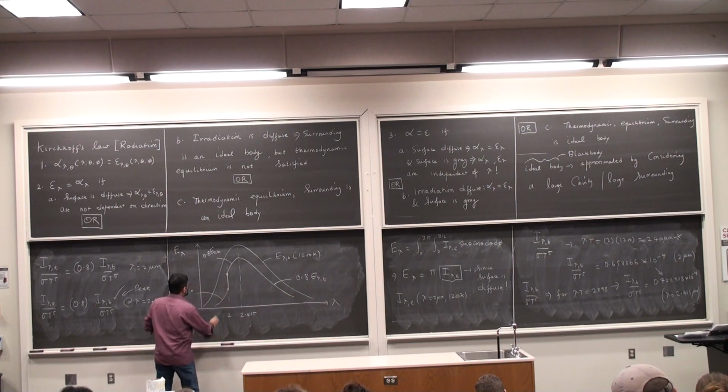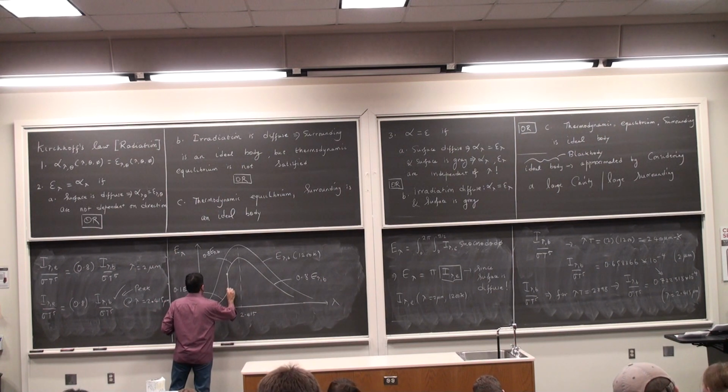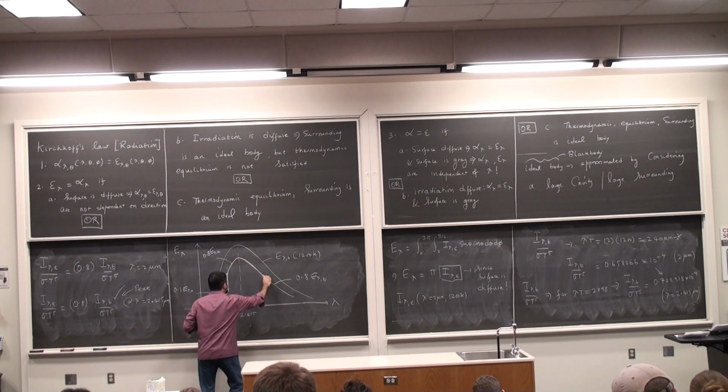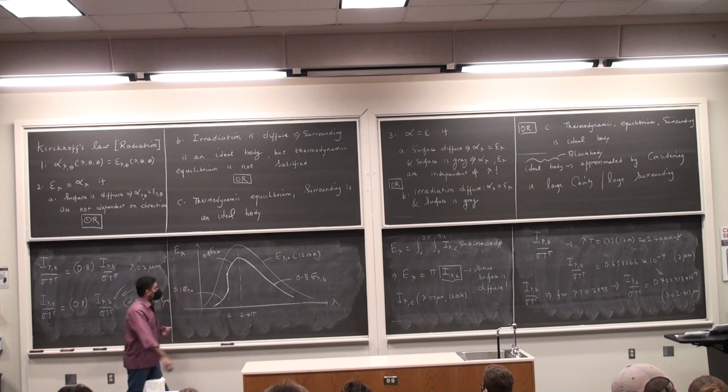And so this is the distribution for the real surface. Does this figure make sense to everybody?